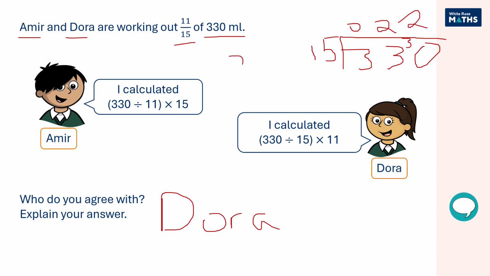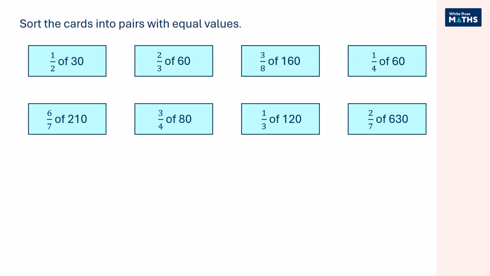I'm going to do 22 times 11, and that's a bit trickier. Well, 22 times 10 is 220, plus 22 is going to be 242. But Dora is correct. Divide by the denominator, and then we multiply by the numerator.